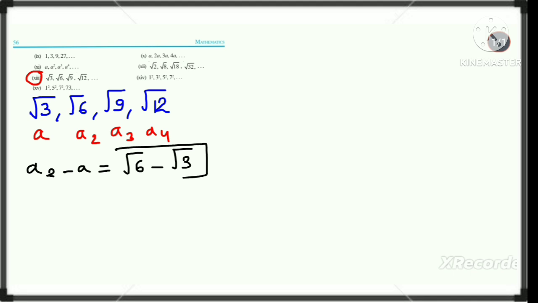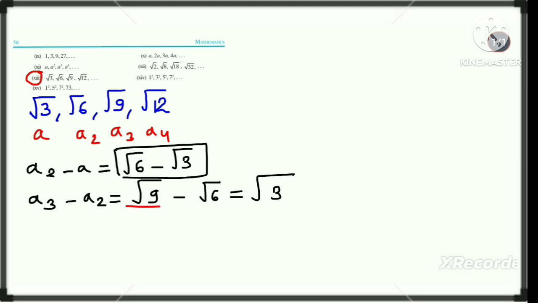Now difference between a3 and a2. a3 equal to, we have root over 9 minus a2 equal to, we have root over 6, and this root over 9 can be written as 3 square minus root over 6.